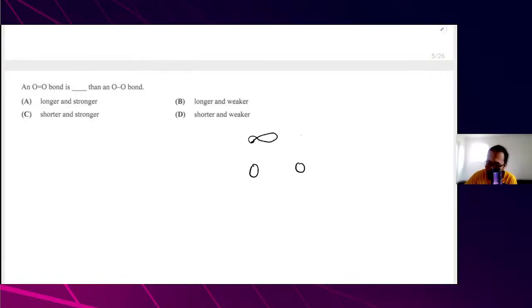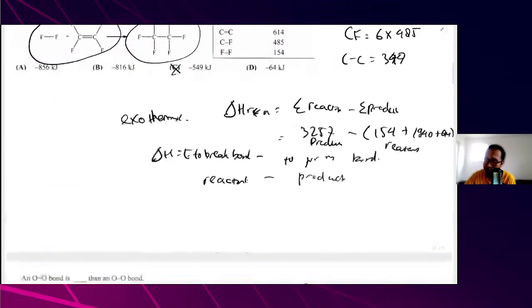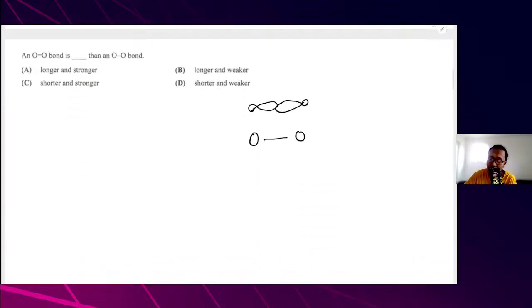This one is the single bond. However, a double bond is often the overlap of two unhybridized p orbitals to form a pi bond.